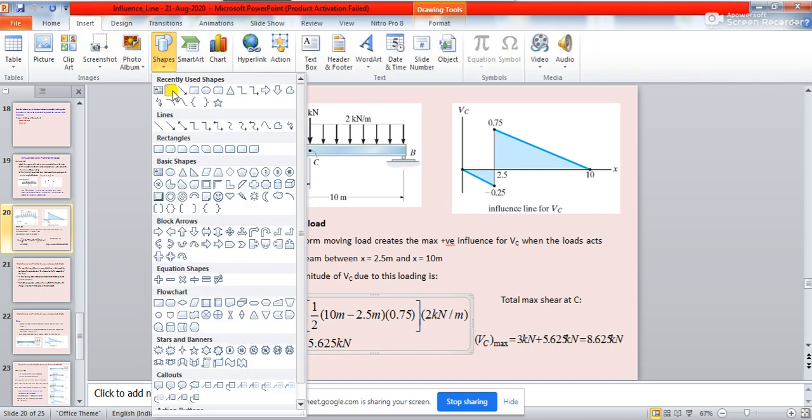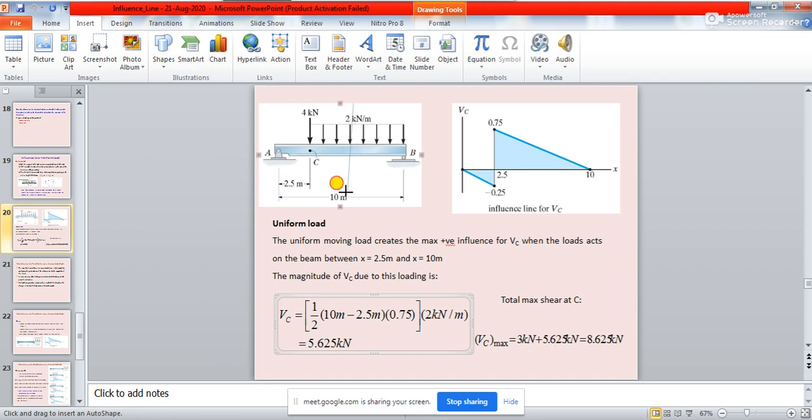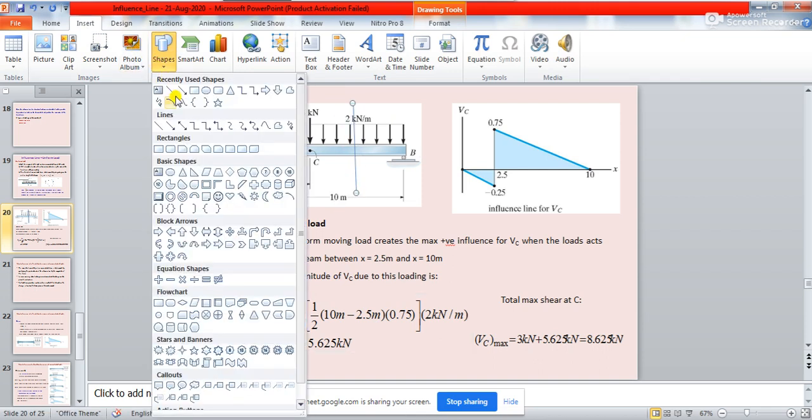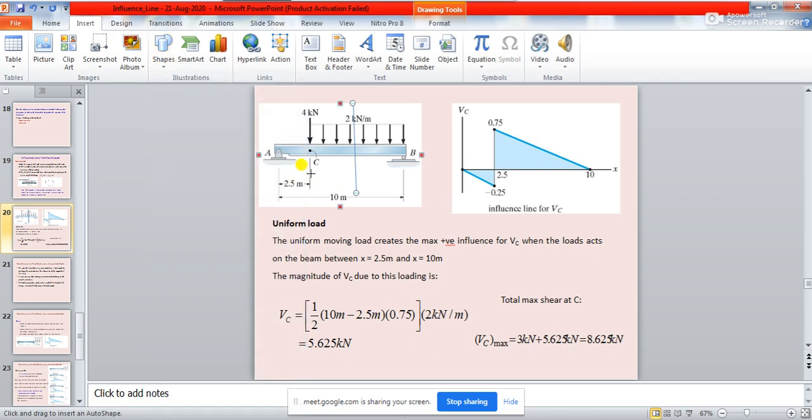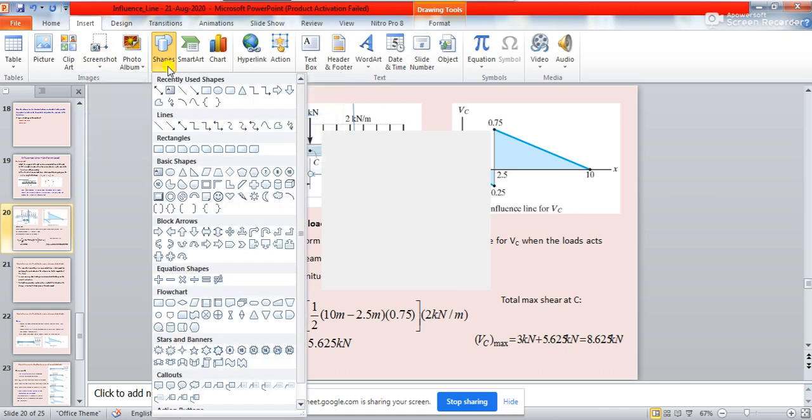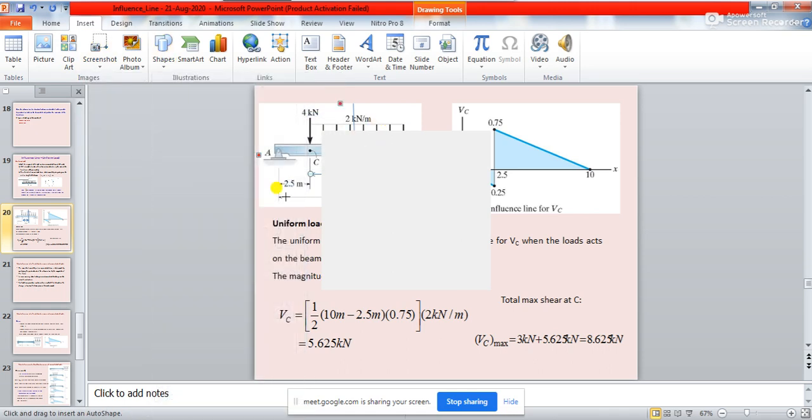Let's say this load is just up to here, and the length from here to here is 5 meter. Forget about this portion of the load. Let's say this portion of the load is not there. What is this?